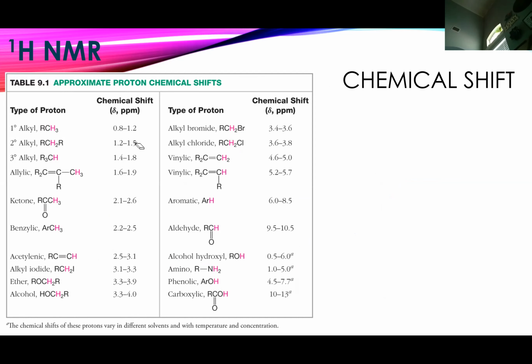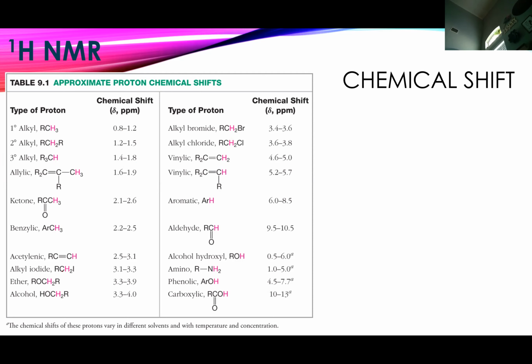If it's secondary, it should appear between 1.2 and 1.5, tertiary 1.4 and 1.8. I'm not going to keep reading this out loud because that would be really obnoxious. But what I want you to notice is that these shifts are predictable and you can start to learn them and learn to recognize them.